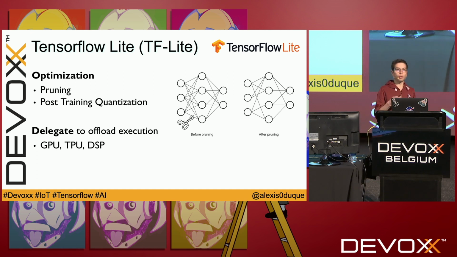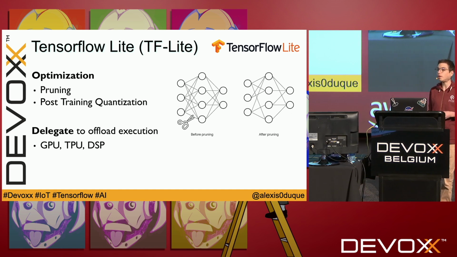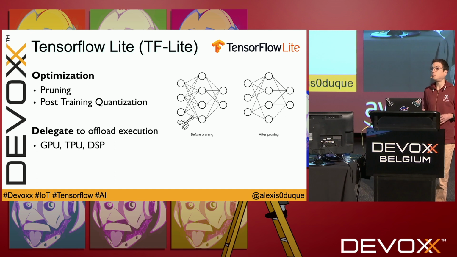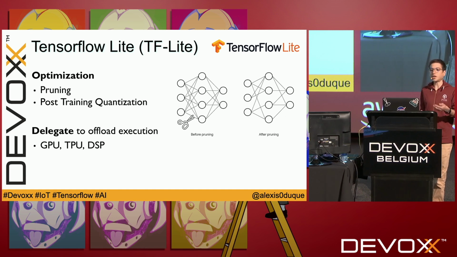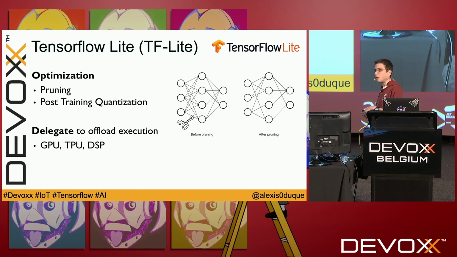The first kind of optimization is pruning, which helps you reduce the size of the graph. You do that before the training. And there are other optimizers that you can apply post-training. You also have some delegates that help you run inference on GPU, TPU, or DSP, if you have them on your device.